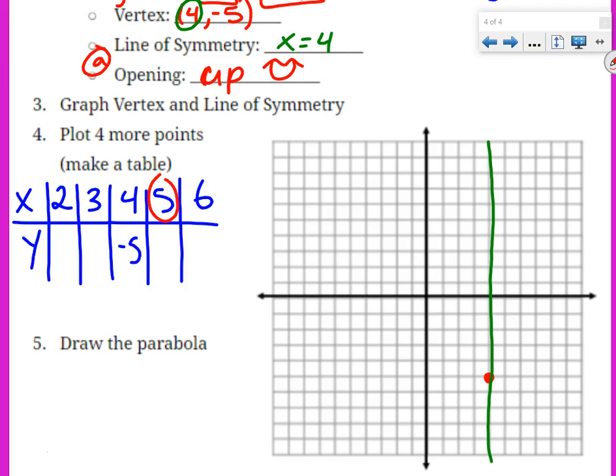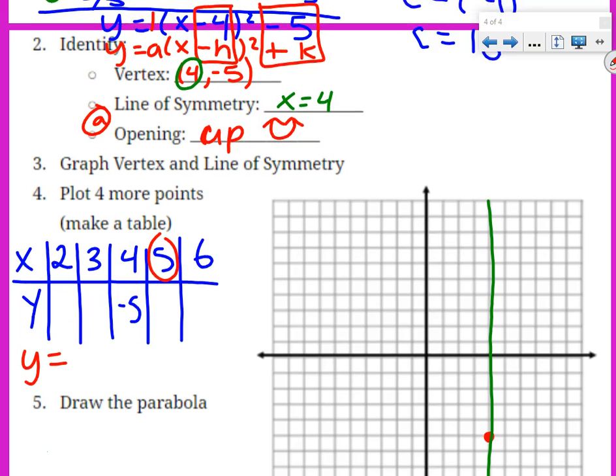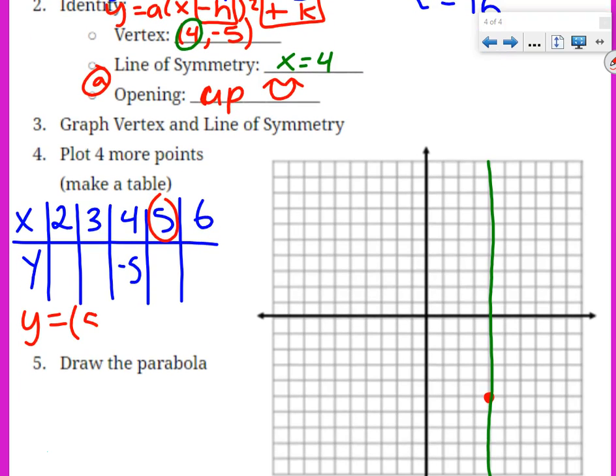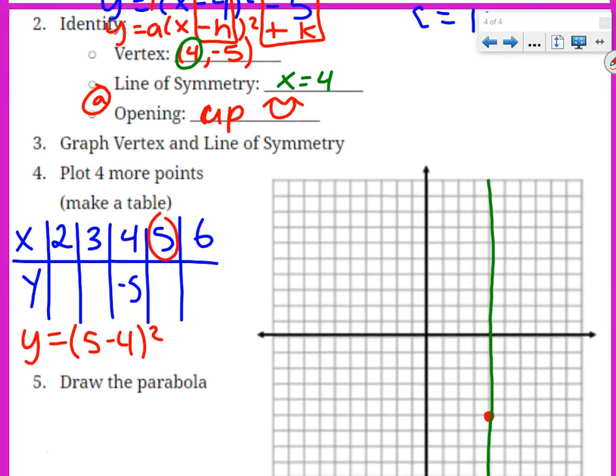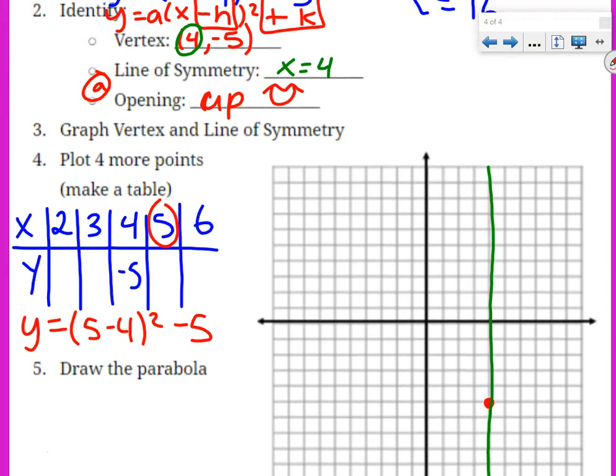We'll put in 5 first, so we have y equals 5 minus 4 squared minus 5, which would give us negative 4. And then if we put 6 in, 6 minus 4 squared minus 5, we would get negative 1.